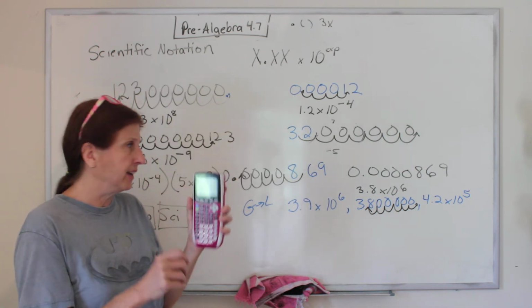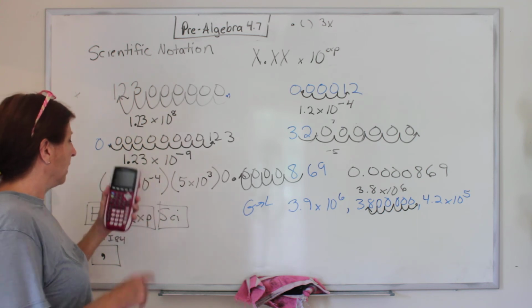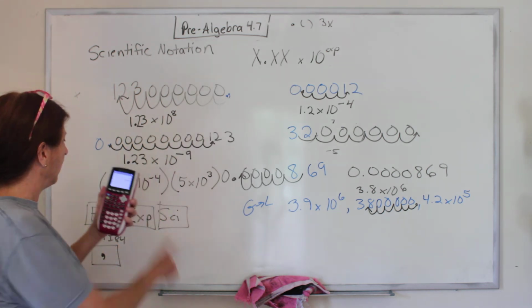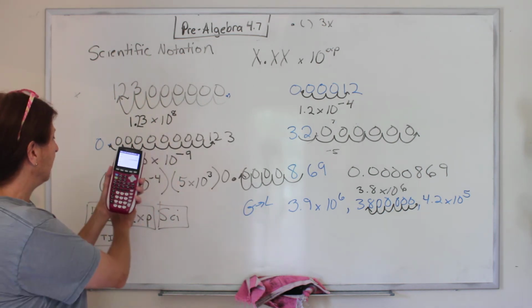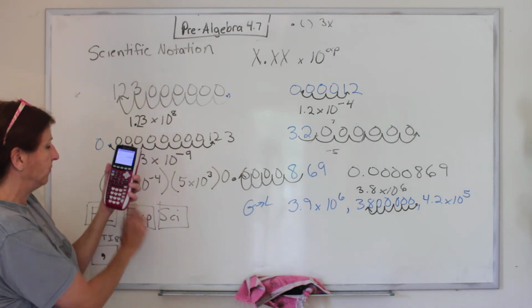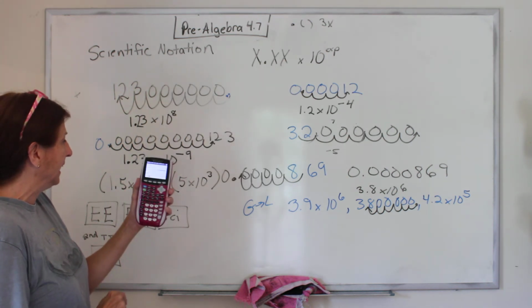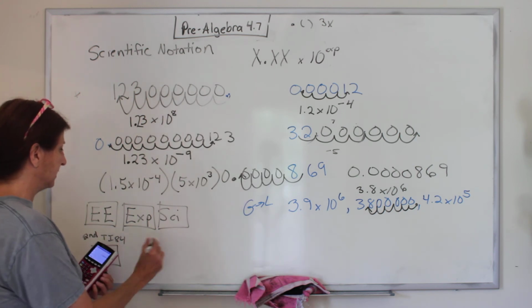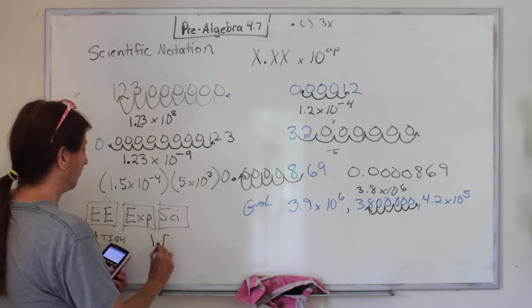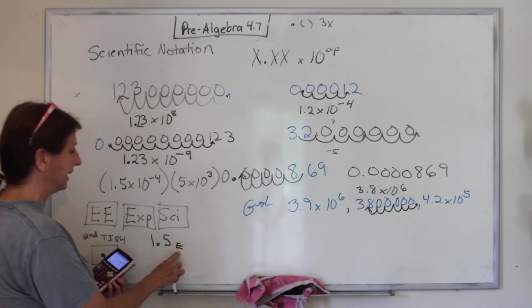So once you find it, like if I was going to put in this problem, I would turn on my calculator, I would do beginning parentheses, which is right here, and now I would say 1.5, second comma, which is EE, and it would put up 1.5 lowercase e.